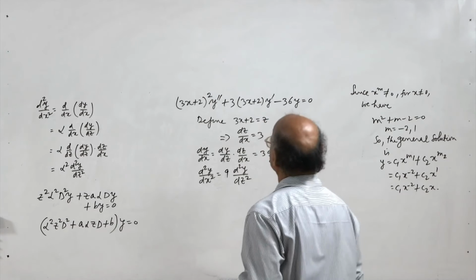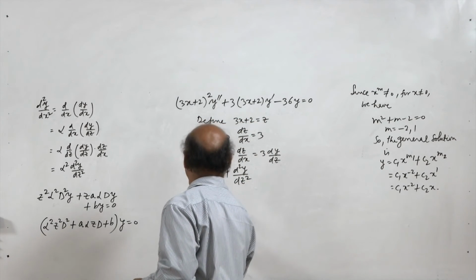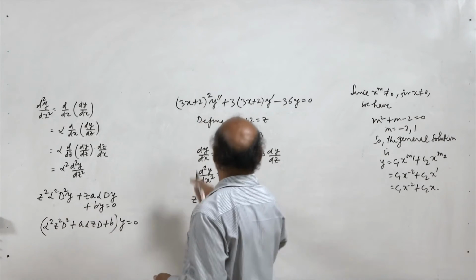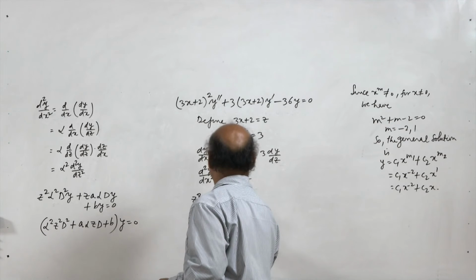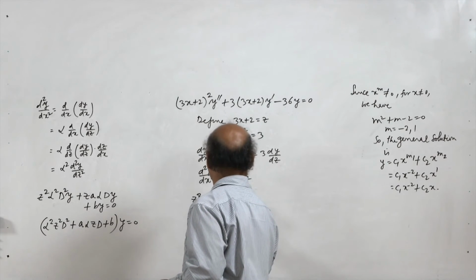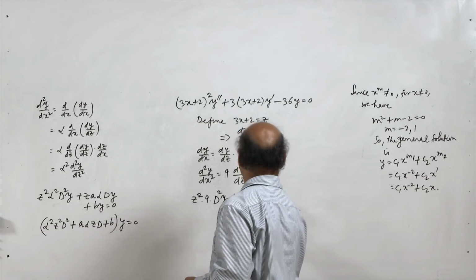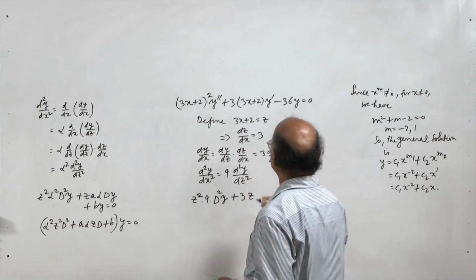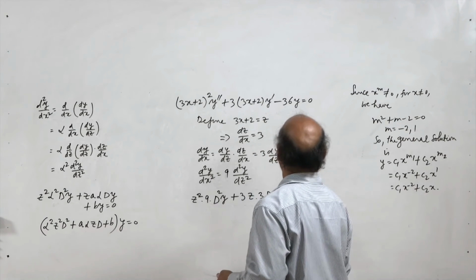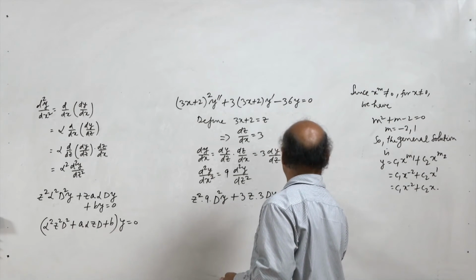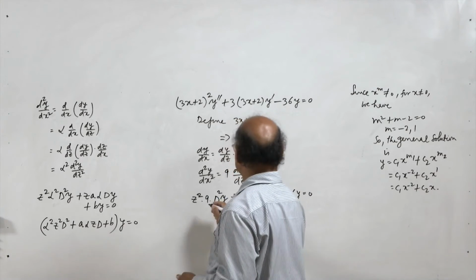Similarly, we shall have (3x plus 2) whole square y double dash, so z square y double dash is 9 times d square y by dz square, then we have 3 times z, y dash is 3 times dy by dz, and then we have minus 36 y equal to 0. Now, we can divide this equation by 9.